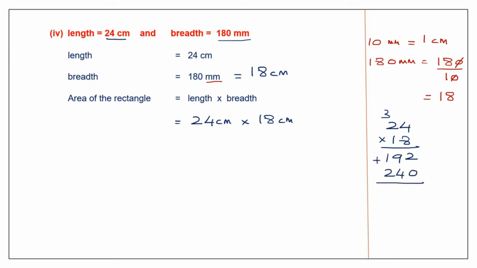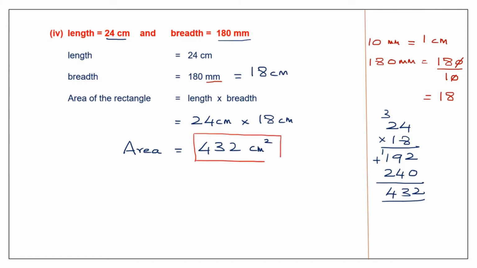Let's add this. 2, 9 plus 4 is 13, carry 1. 1 plus 1 is 2, 2 plus 2 is 4, 432. So when we multiply, we get 432. And since this is the area, our unit will be centimeter square. So we have found the area of this rectangle to be 432 centimeter square.